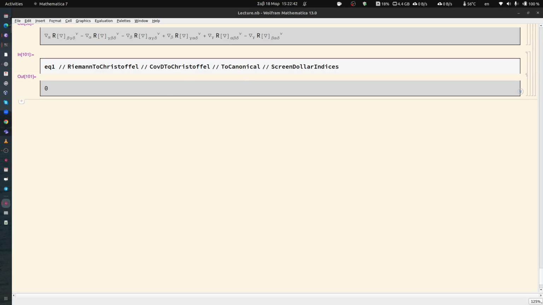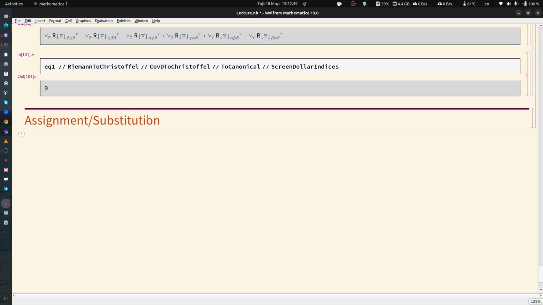So let's go to another chapter now, which involves how to manipulate our expressions, because in the end this is where the heart of our computations lie, and discuss how one can use assignments and substitution rules in tensorial expressions.